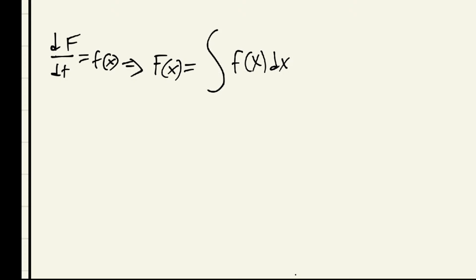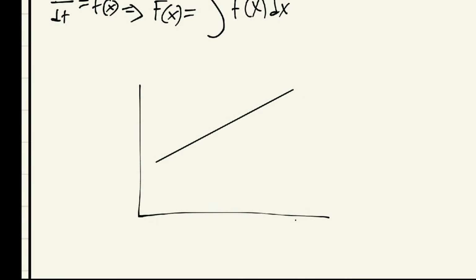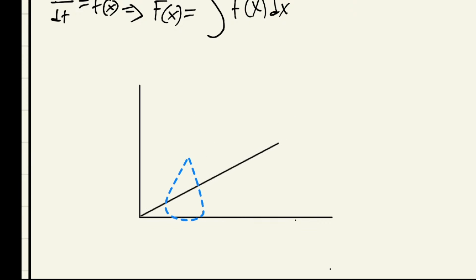Let's understand what it's actually saying. So imagine we have some graph, and by graph, I mean line. Let's just put this on the coordinate axis. Okay, so we have this line. Let's just say it starts at the origin, and we call this f of x. That's our function. The integral finds the area. It basically finds the area between 2 points.